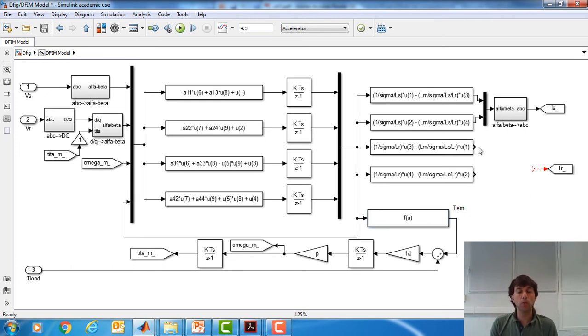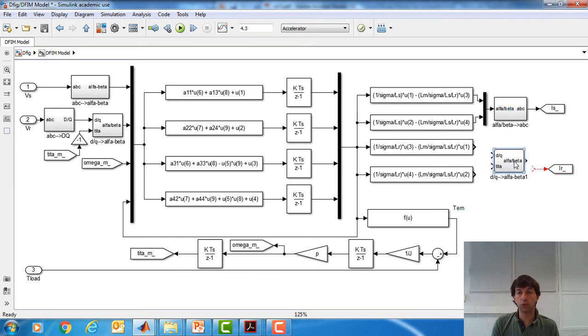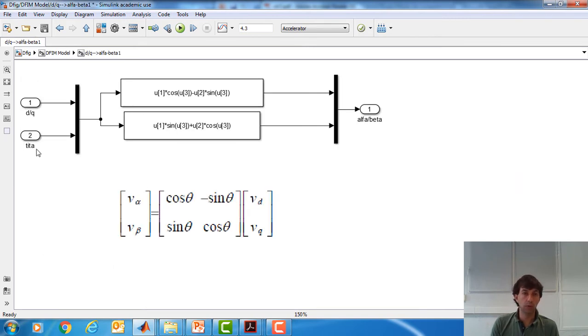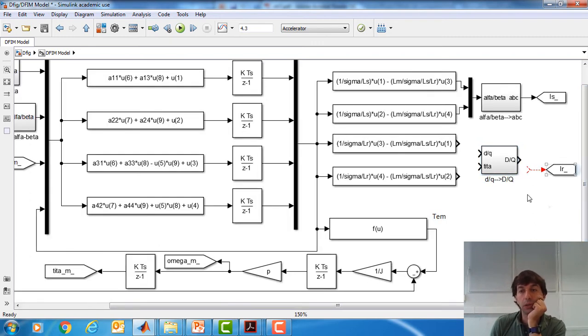Okay, so now we have to pass to dq. In this case, this is going to be dq. Sorry.